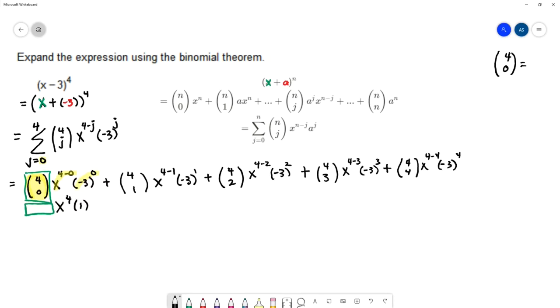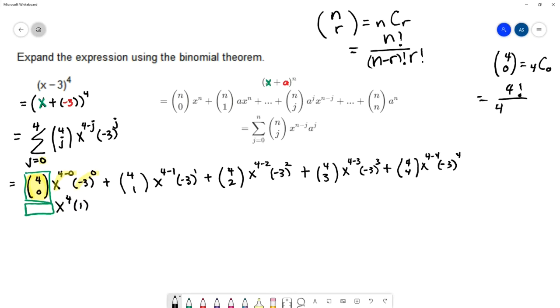Some people would write this as 4C0. And we have a formula for this. N choose R, or NCR. And the formula is n factorial over n minus r factorial times r factorial. So we would have 4 factorial over 4 minus 0 factorial times, sorry, that would be 0 factorial.